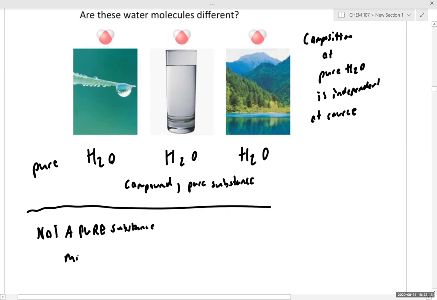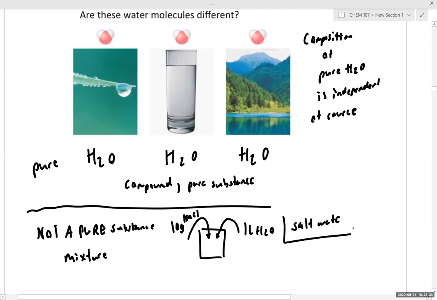would be a mixture, where suppose we have a flask and we put, let's say, 10 grams of sodium chloride in 1 liter of water. So this would be a solution of, for example, salt water.